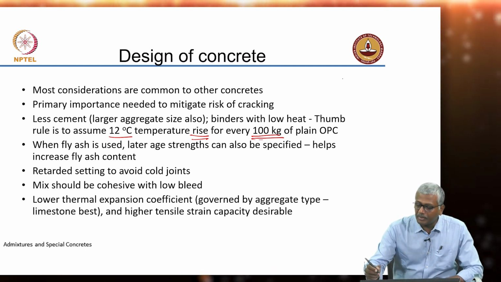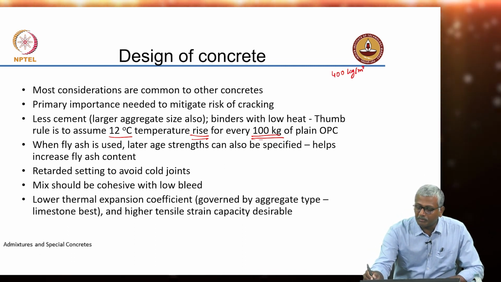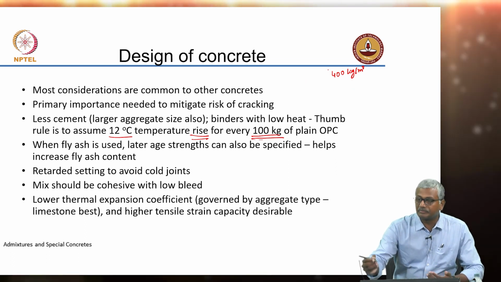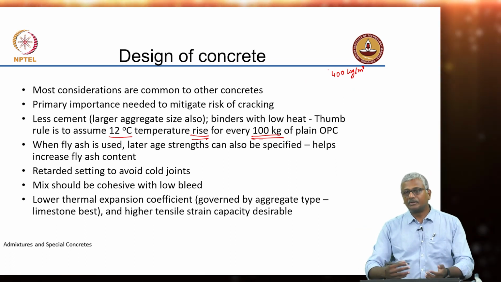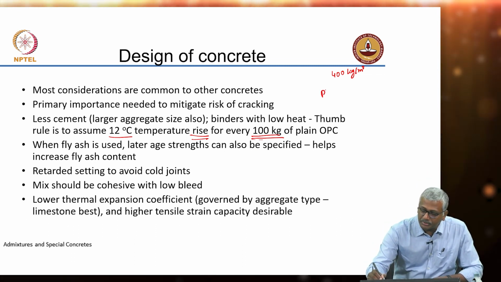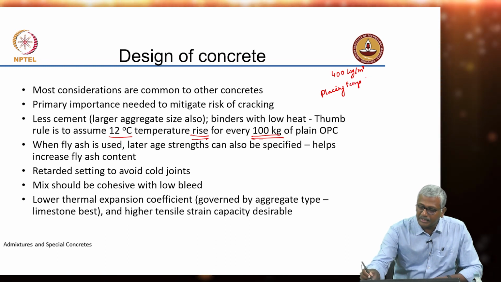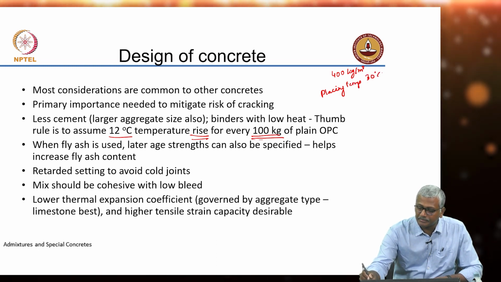So let's say I'm having a mix design of 400 kilograms per cubic meter of cement, which could be blended, or let's say OPC, just for sake of calculation. My placement temperature, let's say, is 30 degrees Celsius.